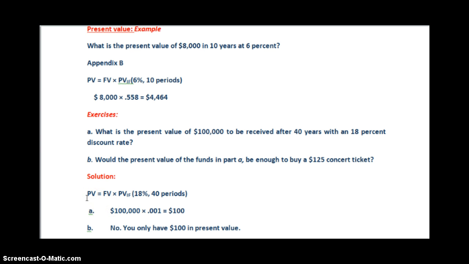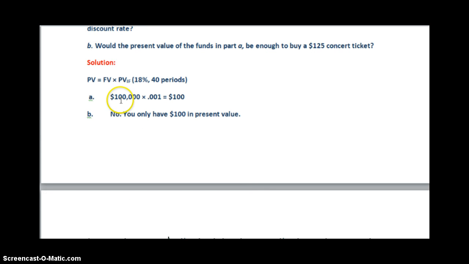The formula that you will use is present value is equal to future value multiplied with the present value interest factor for 18%, because the question says that the rate of interest is 18%, and for 40 periods, because the amount is to be received after 40 years. The tabular value which you get from the Appendix B is 0.001, which is for 18% and for 40 years.